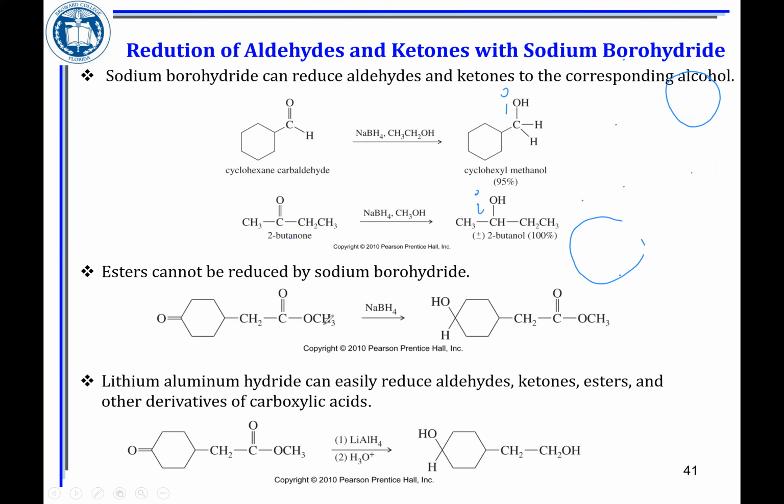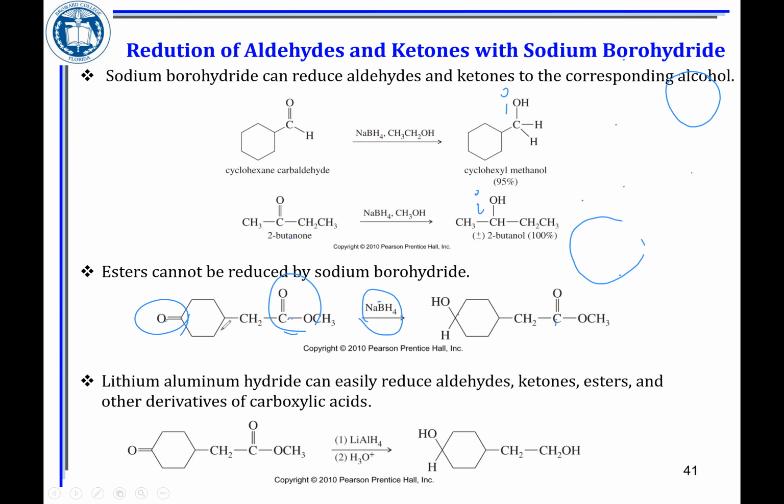You have an ester functional group on this side, ketone functional group on the left side. When you add sodium borohydride, only ketone would reduce to alcohol, but ester would stay unchanged. This is the part that I was saying there would be no reaction if you add sodium borohydride to ester.